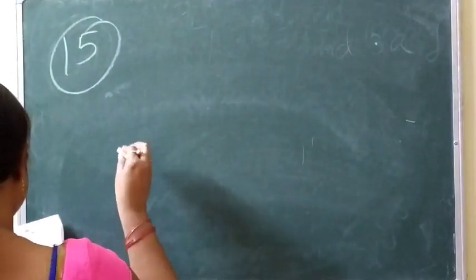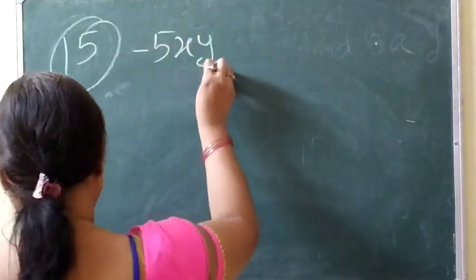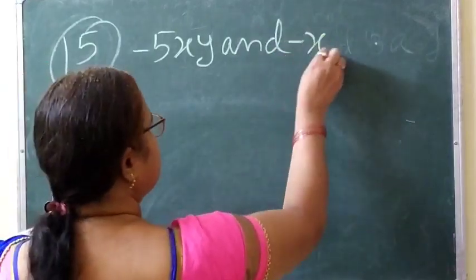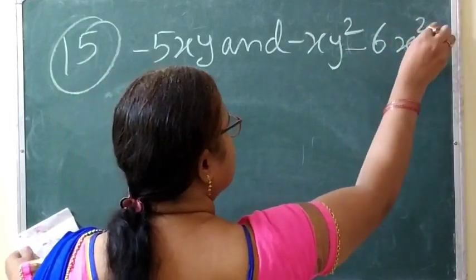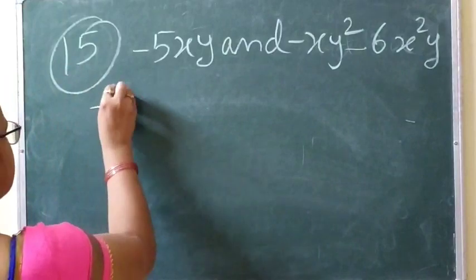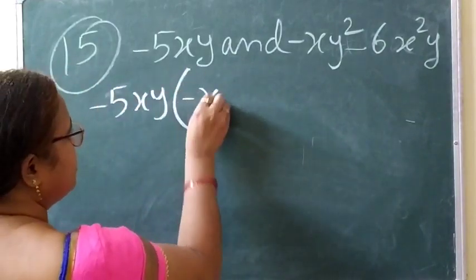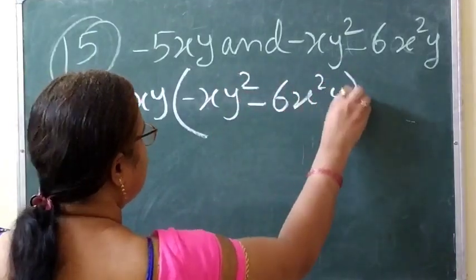Question number 15 is minus 5xy and minus xy square minus 6x square y. Clear? So first we will write here minus 5xy, then inside the bracket minus xy square minus 6x square y.